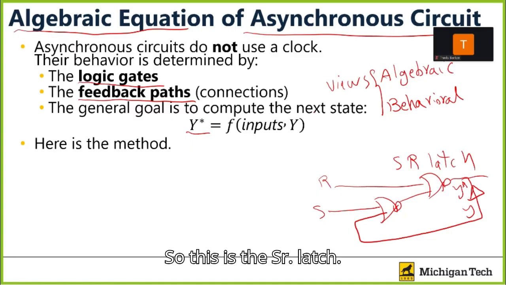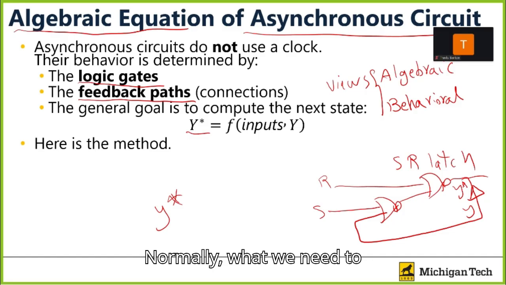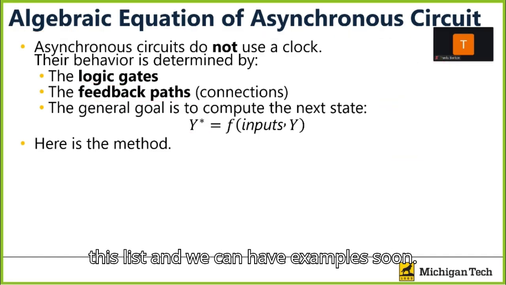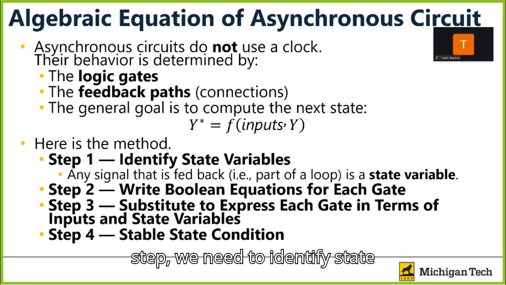So this is the SR latch. We want to study this to find Y star. Normally, let me clean this up to explain this list, and we can have examples soon. Normally we have 4 steps. First step, we need to identify state variables.